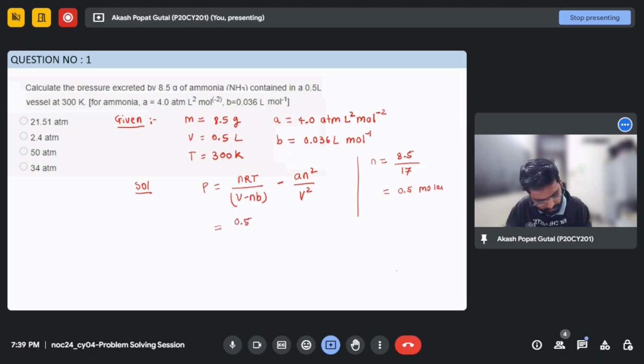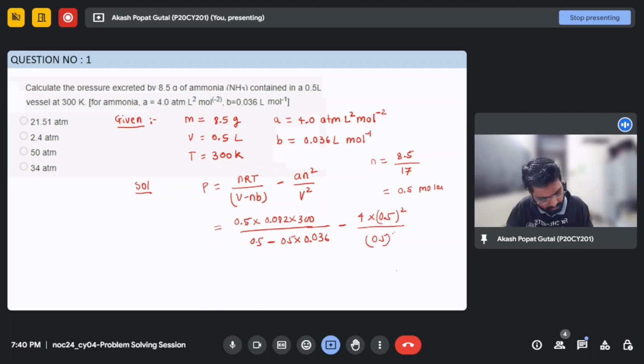So 0.5 into R, we need to take in terms of liter atm, 0.082, into the temperature 300, divided by the volume, which is given as 0.5, minus 0.5 into b, 0.036, minus a, it's 4 into 0.5 square.